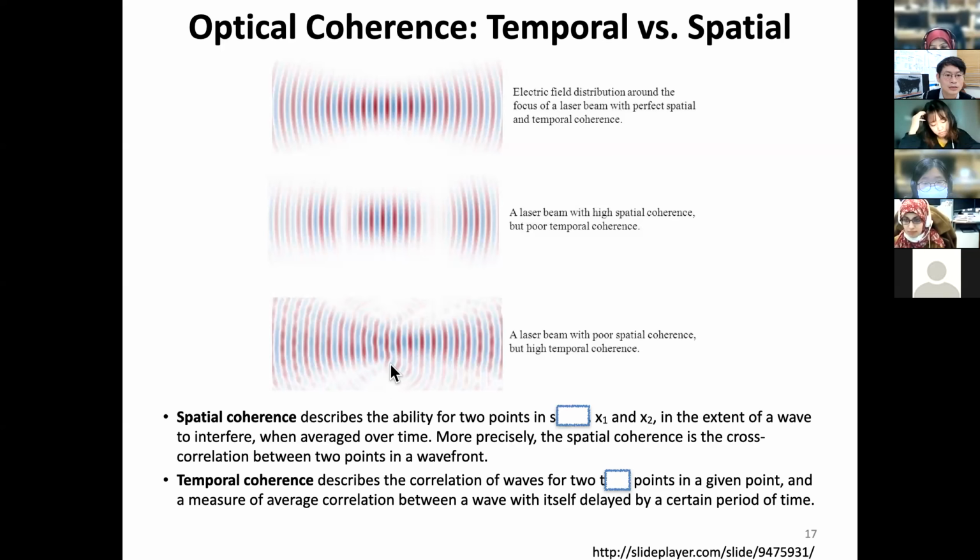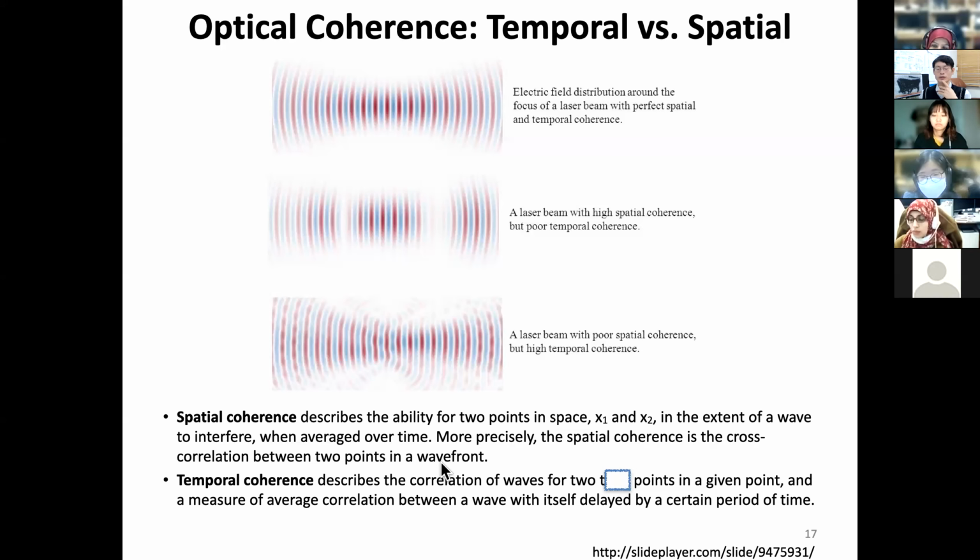And let's see, Sadaf. So spatial coherence is describing the ability for two points in space, great, yes, we are talking about this space, x1 and x2, in the extent of a wave to interfere, okay? And so more precisely, the spatial coherence is the cross correlation between two points within a wavefront.